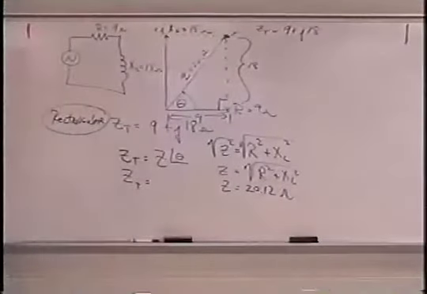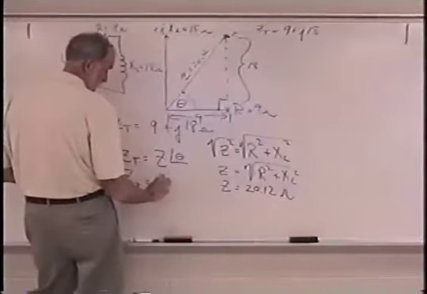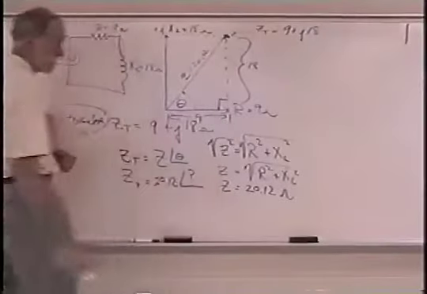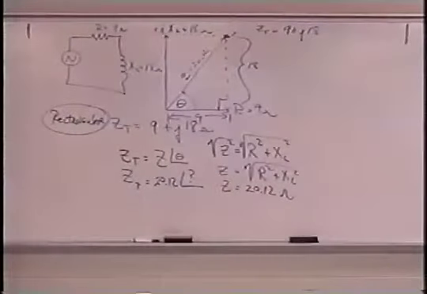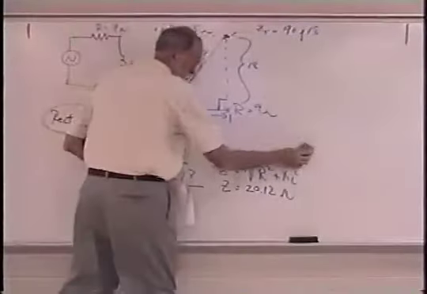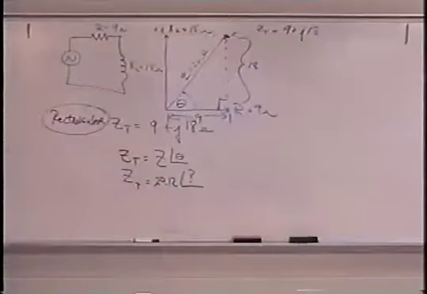So my Z total in polar form, the magnitude portion is going to be 20.12. Well, now what I'd like here is the angle, isn't it? All right, let's find a way to get that. Does anybody remember what the tangent of theta would be?